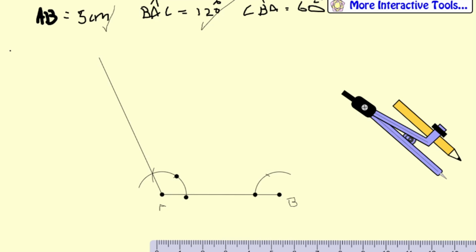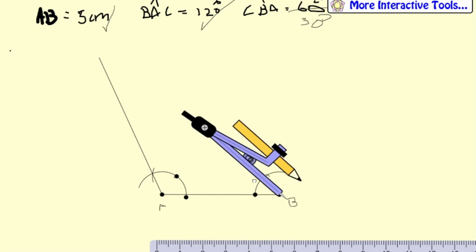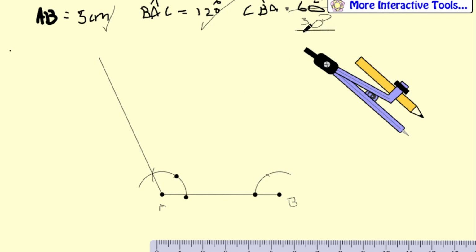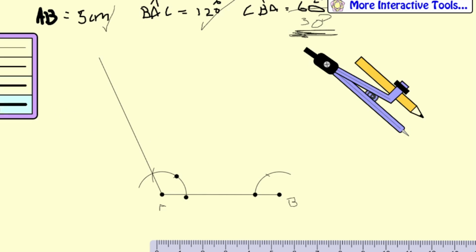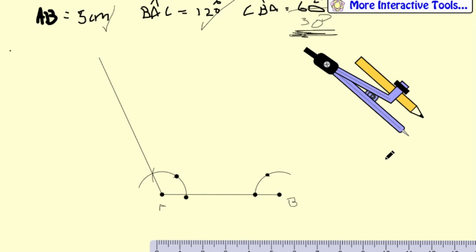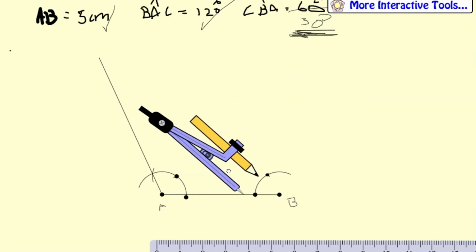So let us change this one to 30 degrees, because the page is a bit short. So if we want 30 degrees, we're changing it to 30. We have our 60. Let me place a point there. So we can now use this point.